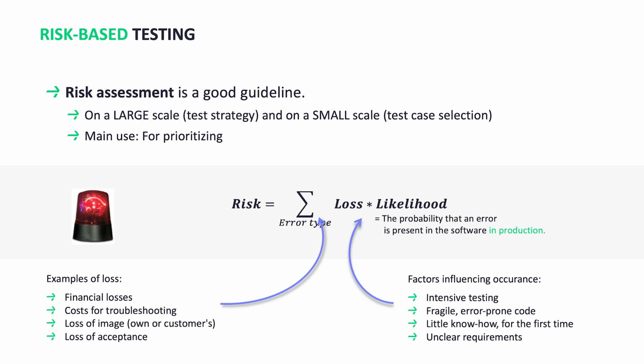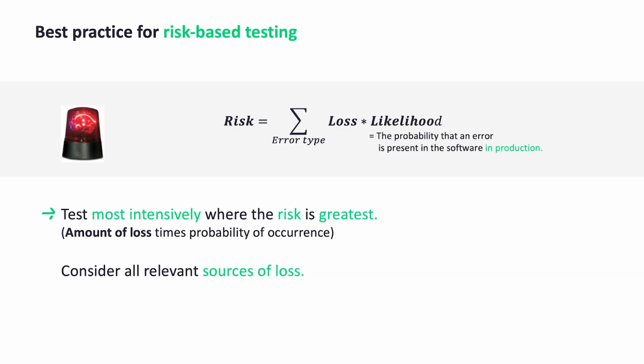What can be influenced by the test is the likelihood that errors remain undetected until production and thus cause loss. The more intensively we test at a certain point, the more we reduce the probability of a fault remaining undetected. This risk formula will never be calculated with analytical precision, but important guidelines or instructions for action can be derived from it.